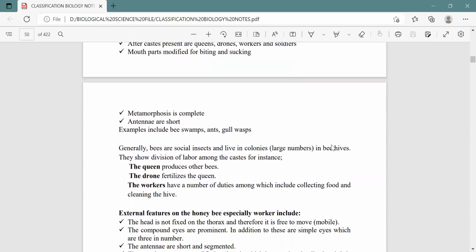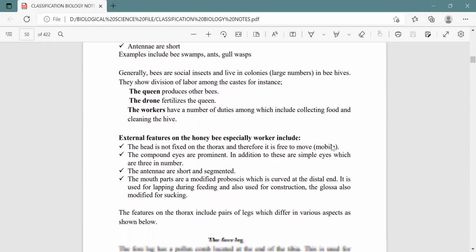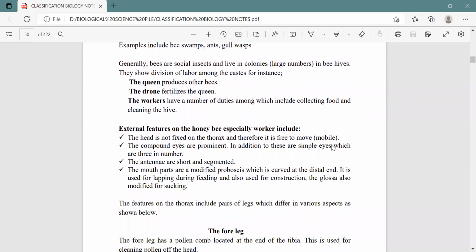Those are the castes, and the castes have division of labor. The queen produces other bees. The drone fertilizes the queen. The workers carry out the other duties in a hive, including collecting food and cleaning the hive. All of that is the work of the workers.